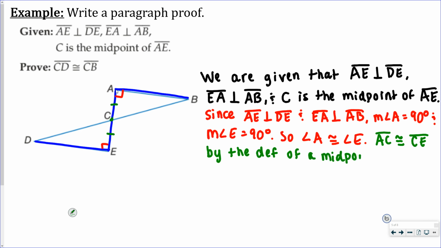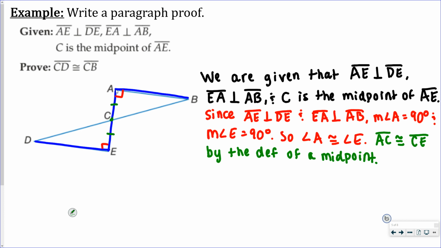Now you could have said that in the converse. Like you could say, by the definition of a midpoint, AC is congruent to CE. That part doesn't matter. However you want to put it in a sentence, but it has to be a complete sentence. Okay, so I'm close here. I have a pair of congruent angles and a pair of congruent sides.